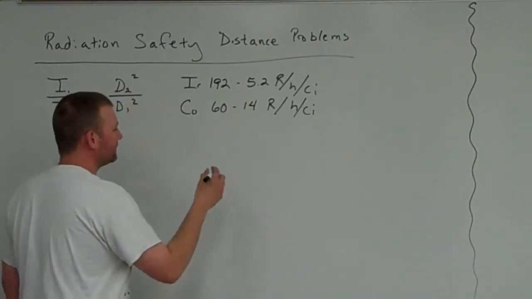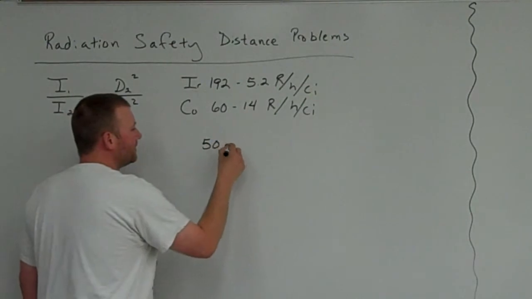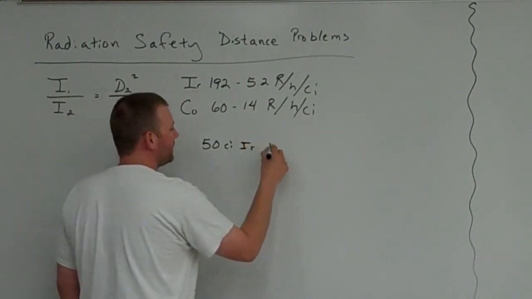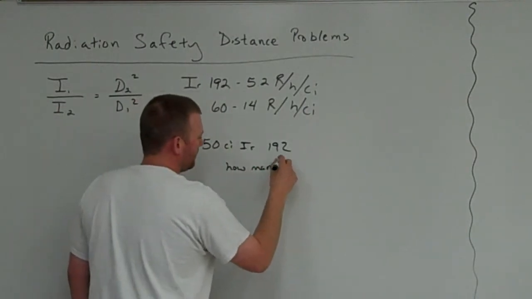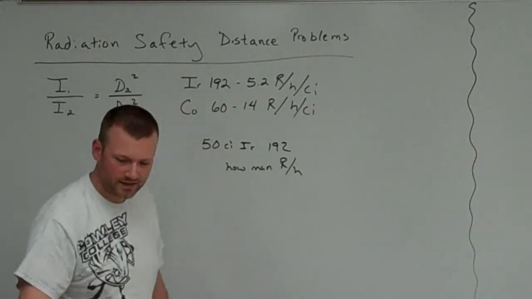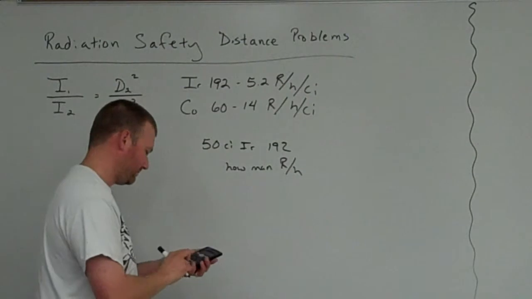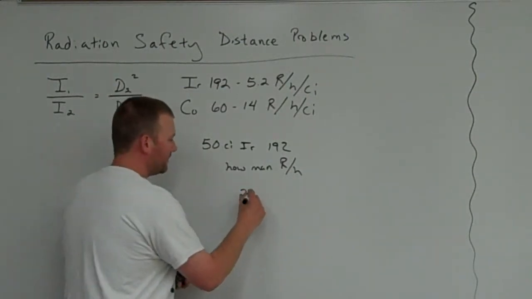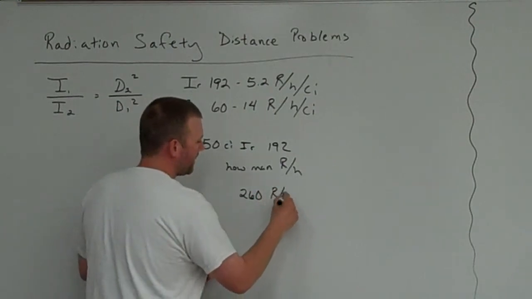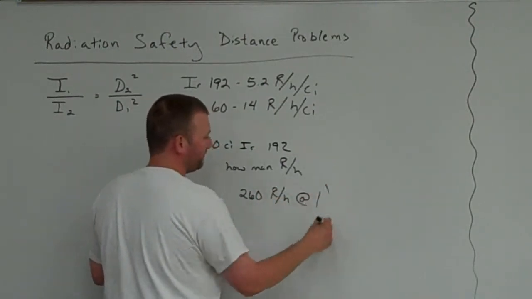So, let's just say we got about 50 Curies, iridium-192. How many Rankin per hour? Handy dandy calculator. 50 times 5.2 gives me about 260 Rankin per hour at 1 foot.